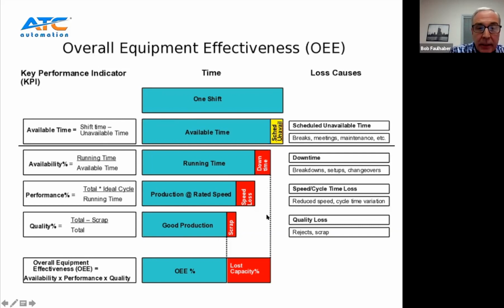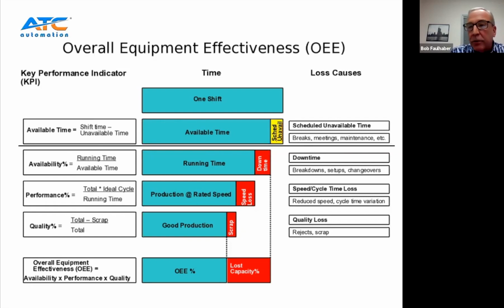Now the next measure is the performance ratio. What we're going to do here is divide the design cycle time by the actual cycle time.